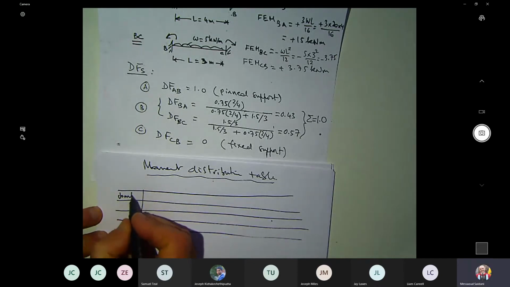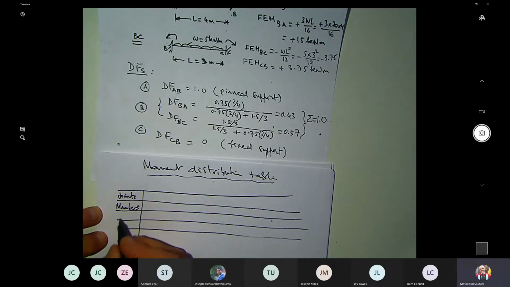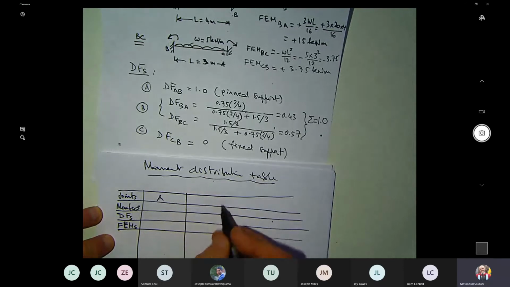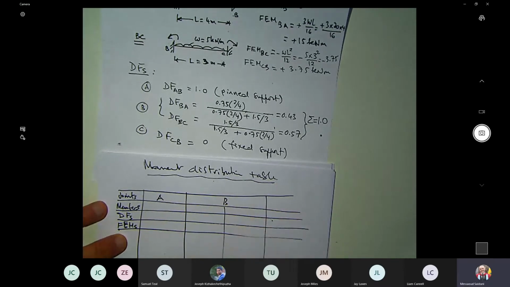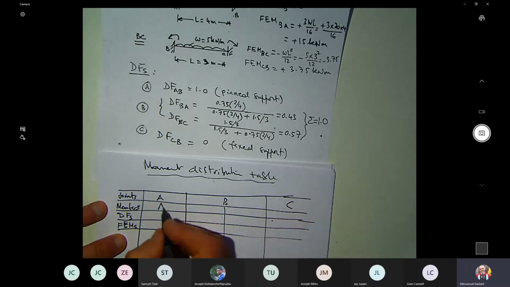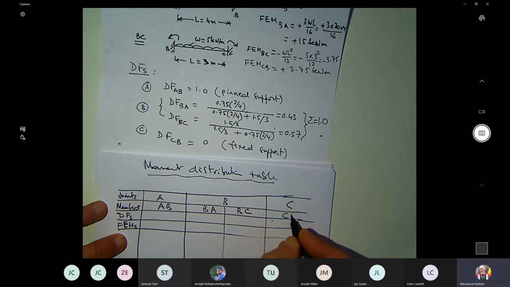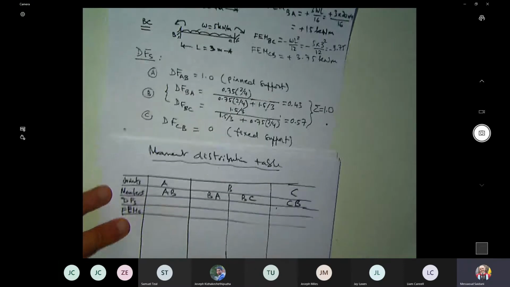Joints, members, distribution factors, and fixed end moments, okay? We have joint A, we have joint B, which has 2 members, and finally we have joint C there, okay? We have AB, BA, BC, and CB.